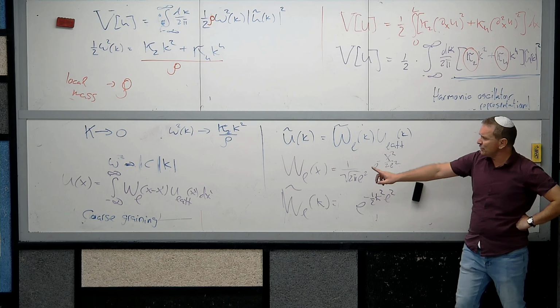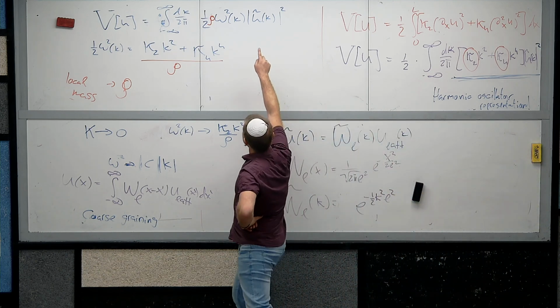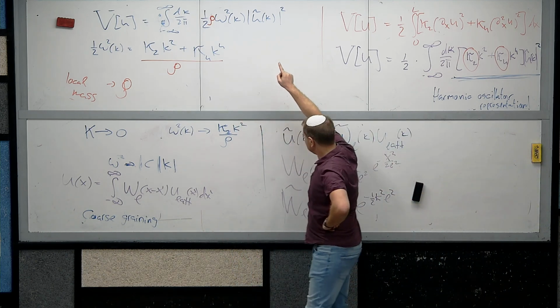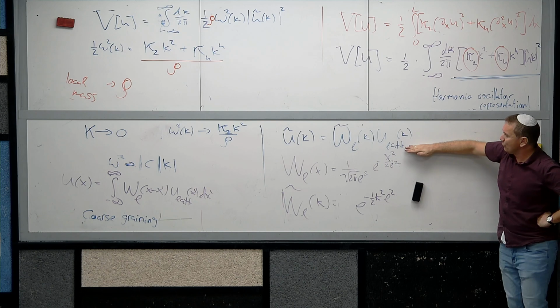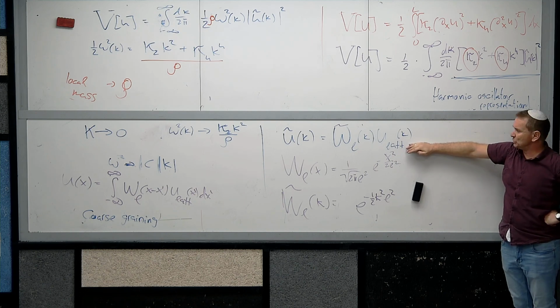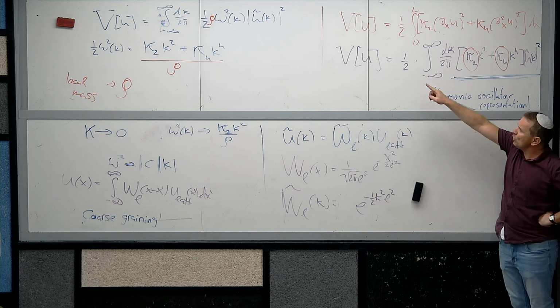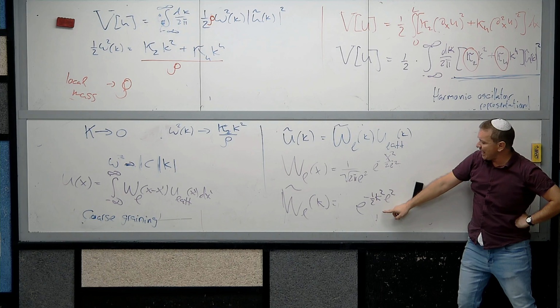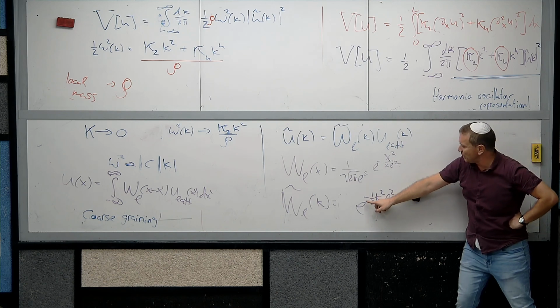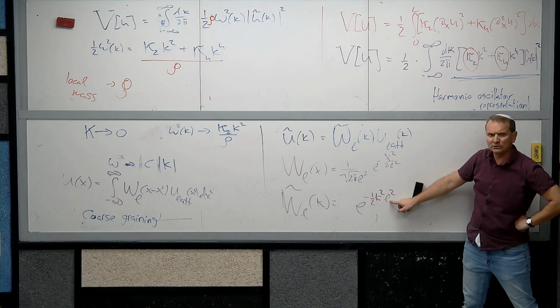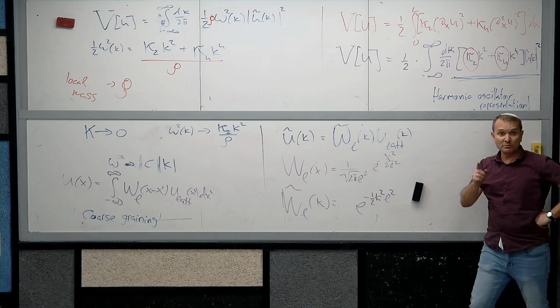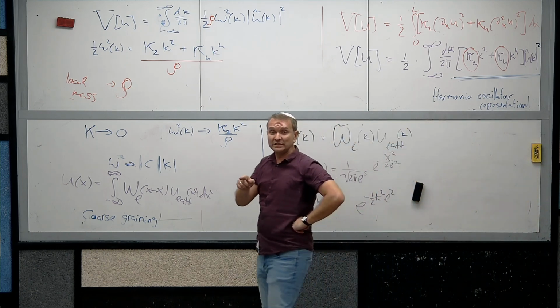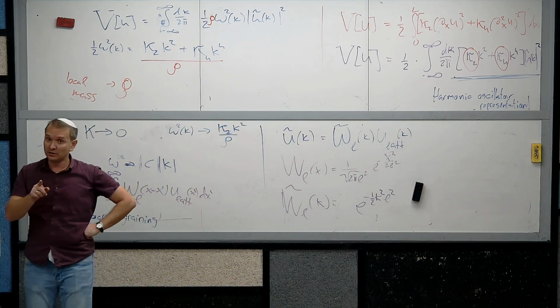All the different u of k's that enter my integral are of this description. For any u of k over there, there is a Gaussian multiplication of e to the power minus 1/2 k squared L squared. Remember, for the engineers, I told you it's a low pass filter.